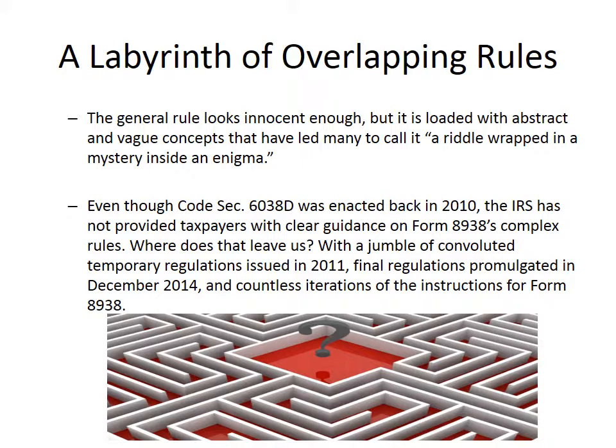Where does that leave us? Well, it leaves us with a jumble of convoluted temporary regulations issued back in 2011, final regulations promulgated back in December 2014, Merry Christmas, and countless iterations of the instructions for Form 8938.